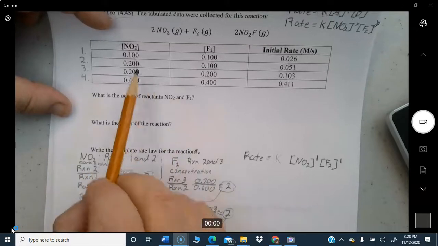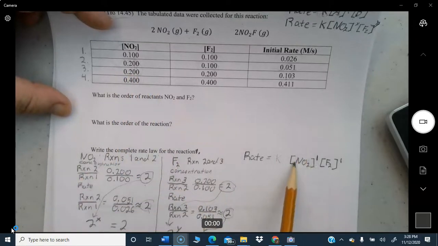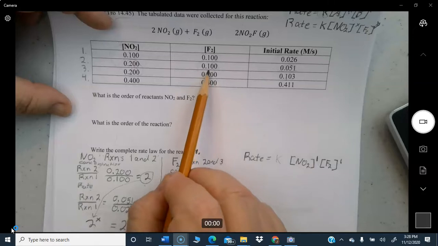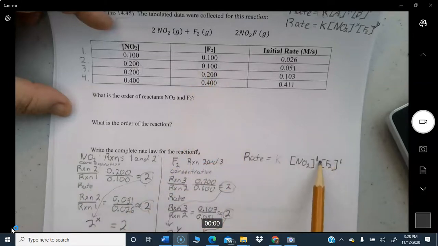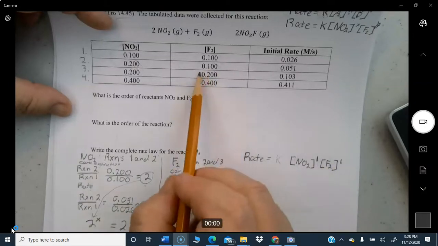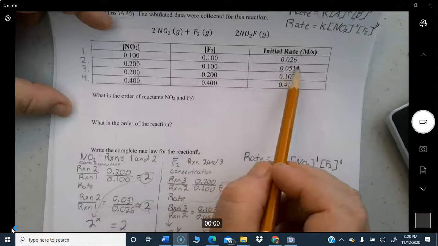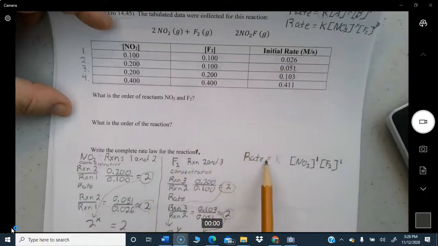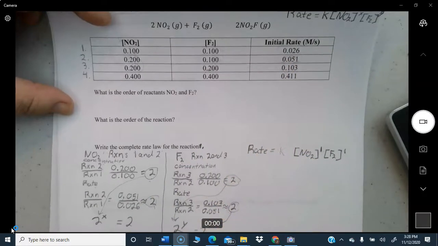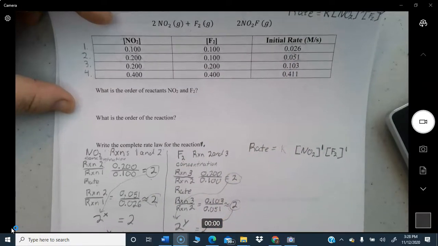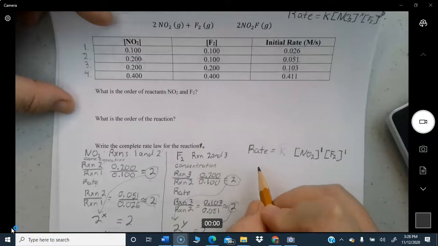Okay, so the concentration of NO is 0.2. We know that number. The concentration of F in reaction 2 is 0.1. We know that number. And for this reaction specifically, the rate is 0.051. We know that number. So the only thing we don't know is K. So what we're going to do is go ahead and plug in those numbers. So you get this.